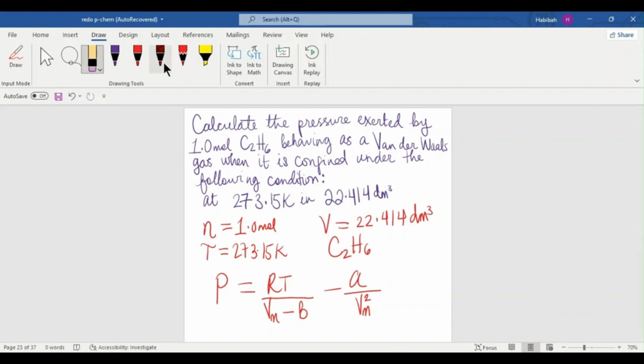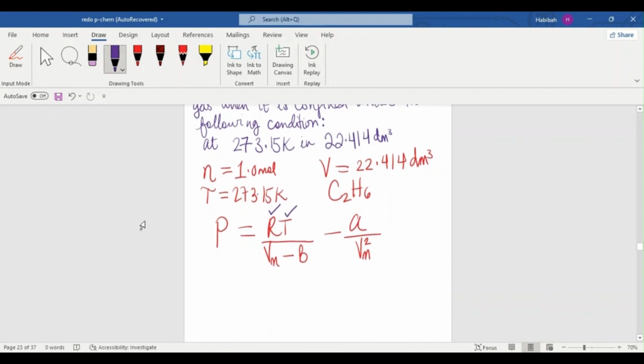So as you can see from the information we have, we know the gas constant because it's constant. We know the value for temperature because we're given it in the question. We know the value of volume, but not the value of molar volume. But because we're given the number of moles, we can always determine the molar volume, which is simply volume divided by number of moles.